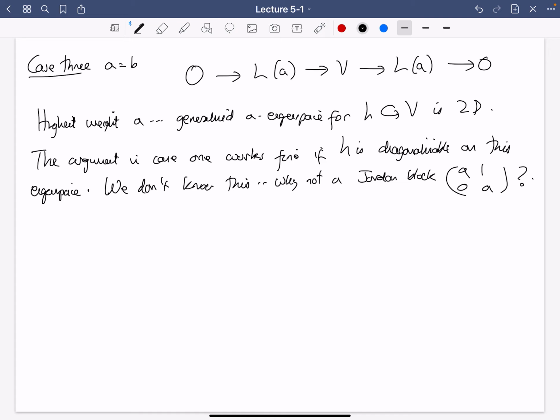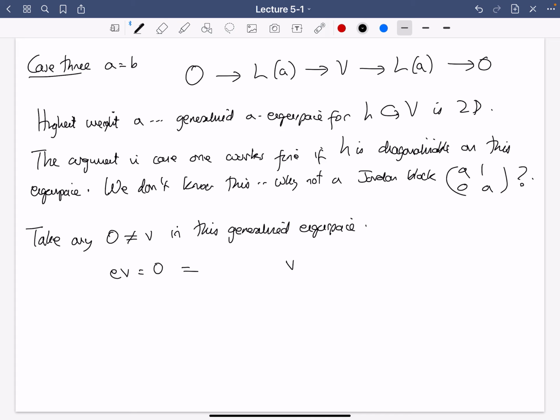But now what I'm going to do is take any V in this generalized eigenspace, and I'm going to note that EV is 0 because V is of this maximal eigenvalue, so EV would be adding 2. It would be in the generalized eigenspace for the eigenvalue A plus 2, and that's just 0 in here.